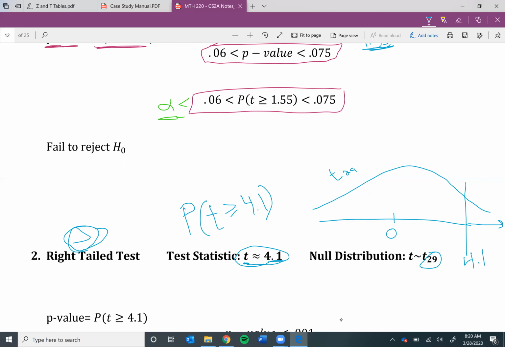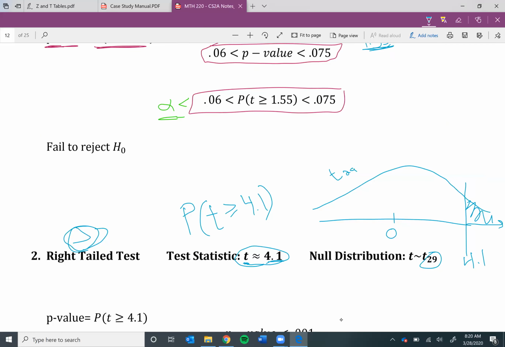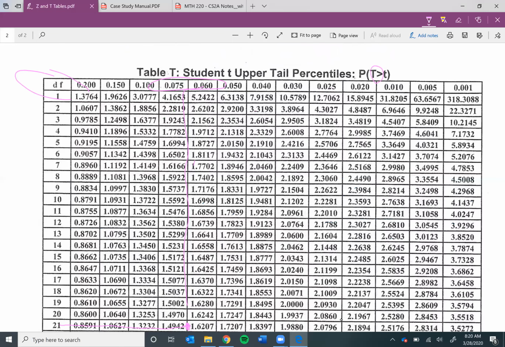It's right-tailed, so I want everything above 4.1. Then we go to our t-table. Maybe notice that the probability the t-table gives us is greater than, so that makes it really easy when our hypothesis is right-tailed like this.